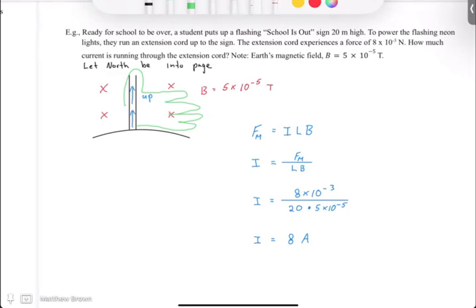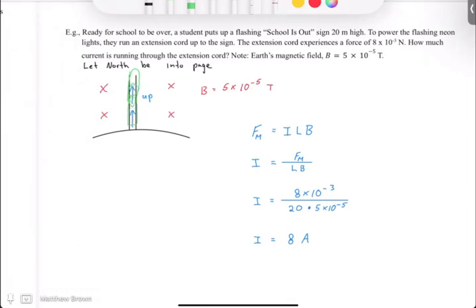It would be to the right. Yeah, your fingers have to point in the direction of the magnetic field, if I'm not mistaken. So my thumb points up, this would be a side view of my hand, and my fingers would be pointing into the page.